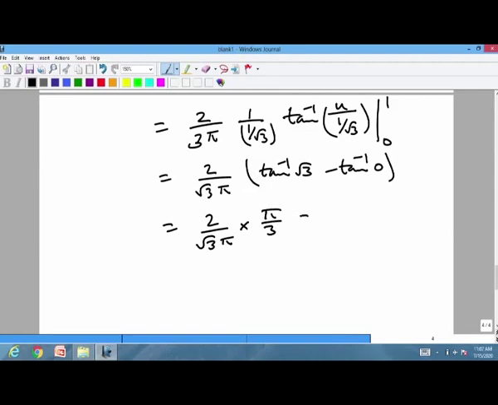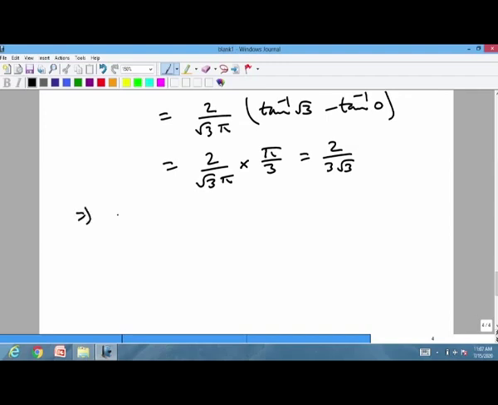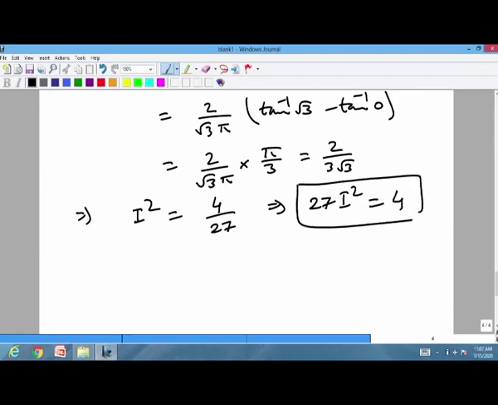So, I is equal to, pi cancels here, 2 by 3 root 3. This implies I square will be equal to 4 by 27, which means 27 I square is equal to 4. So, this is the answer to the first problem.